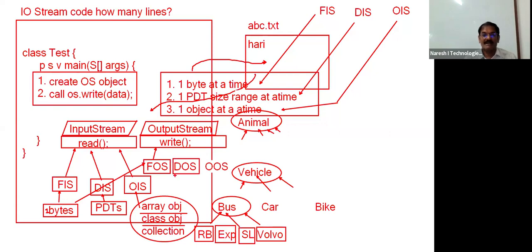DOS is meant for writing one primitive range data. OOS is meant for writing one object data. So tell me, what is the combination of IO? FIS, FOS. DIS, DOS. OIS, OOS.